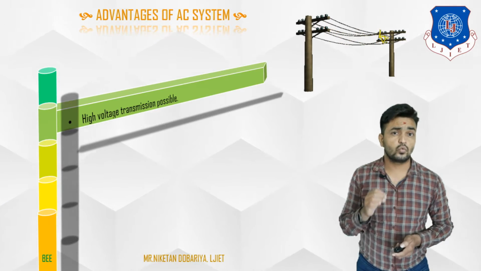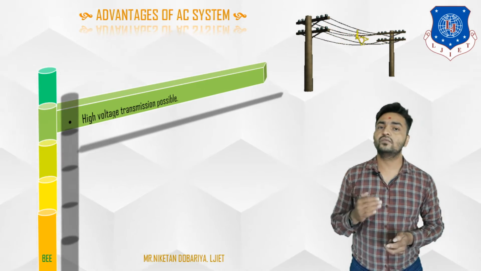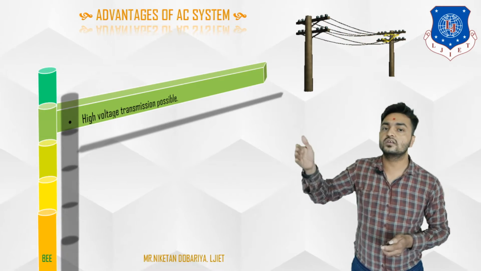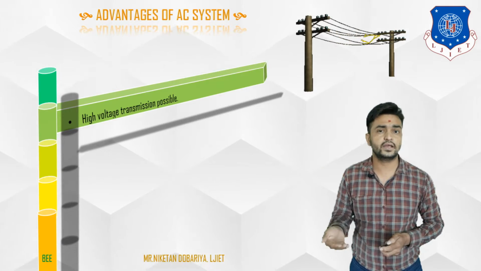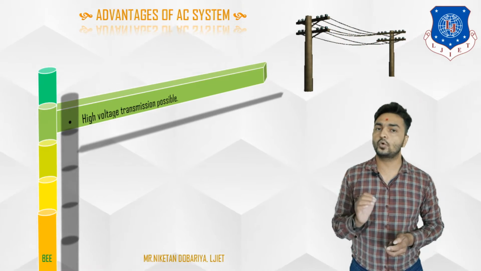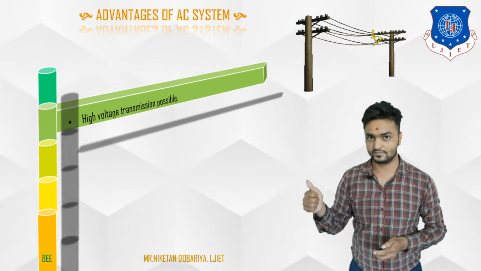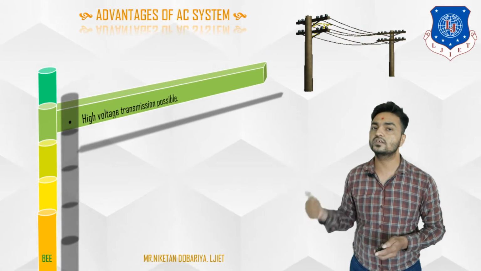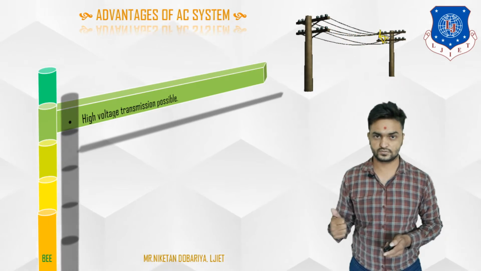Again, first of all, why do we need high voltage transmission? Because when we transmit electricity over long distances at high voltage, that is beneficial for us. Why? Because it will provide less losses, meaning a highly efficient system. And as we discussed in our previous point, that can be easily achieved by transformers.